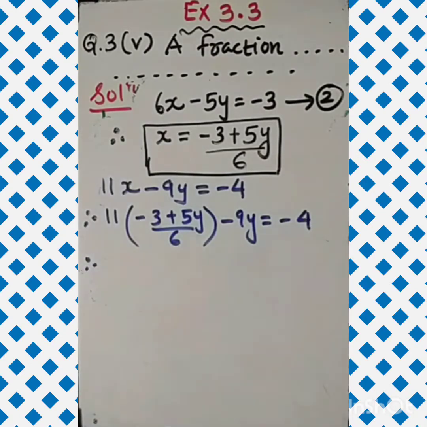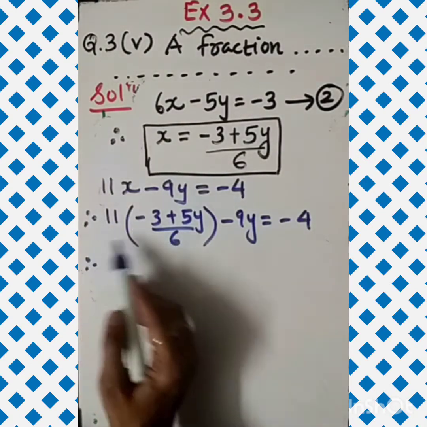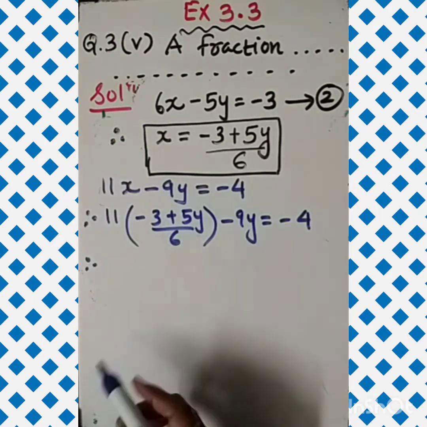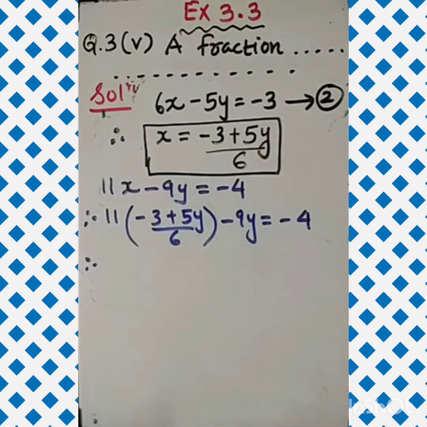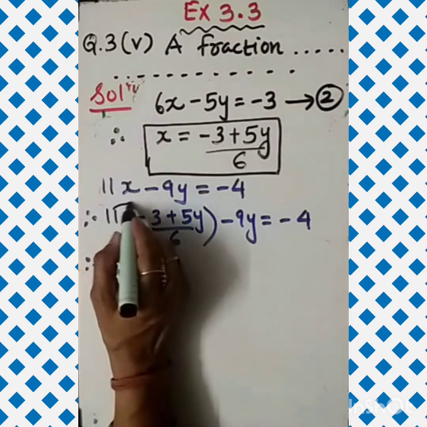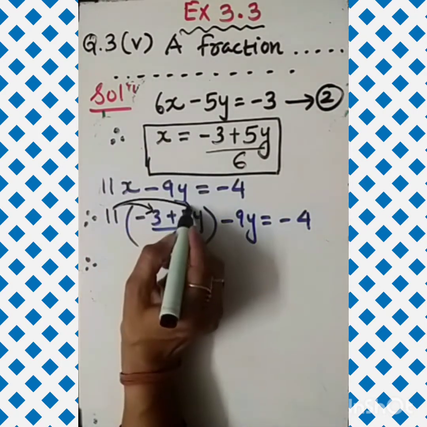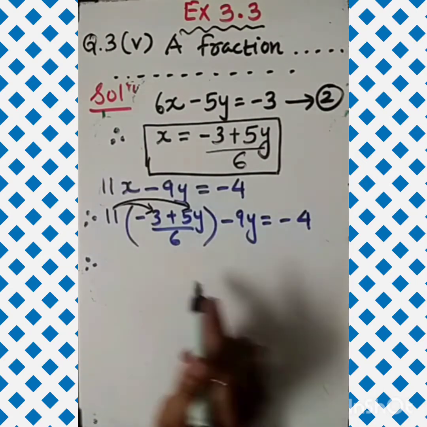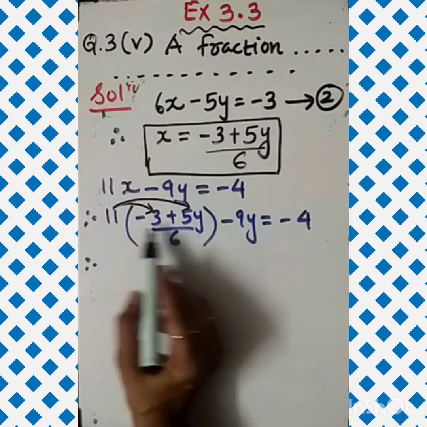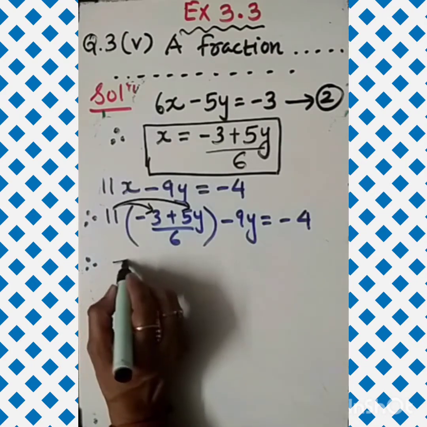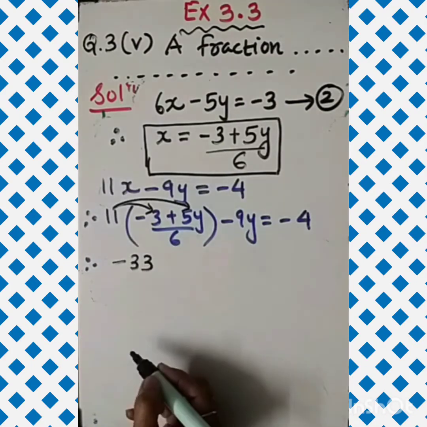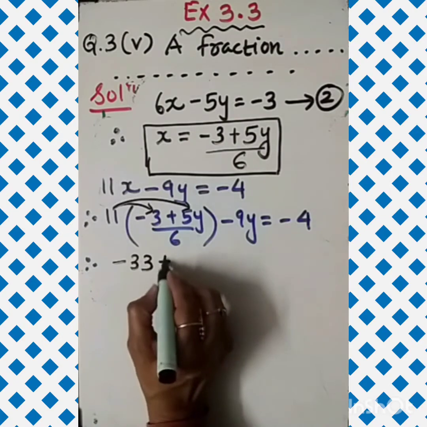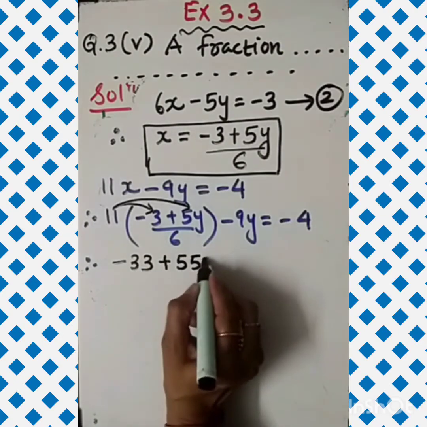Therefore, now there isn't anything which we can cancel with this. In such a case, what to do? Very simple. We need to multiply this term with this first. Forget for a while this 6 is given. Only work out on the numerator. So 11 into minus 3, minus 33. 11 fives are 55 along with y.